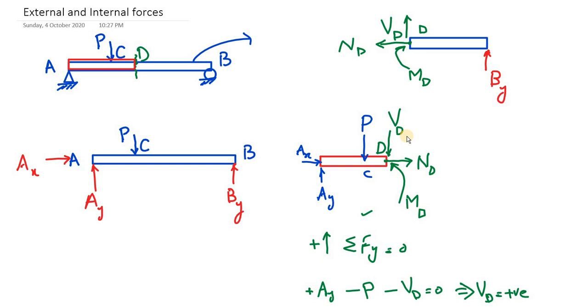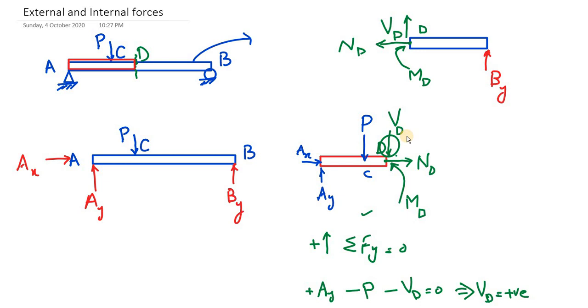And if it is negative, it only means that I assumed a wrong direction; it actually acted in the upward direction, but I showed a wrong direction. But for the internal forces, it is compulsory that you show them acting in the positive direction. Now, why am I showing this downward?